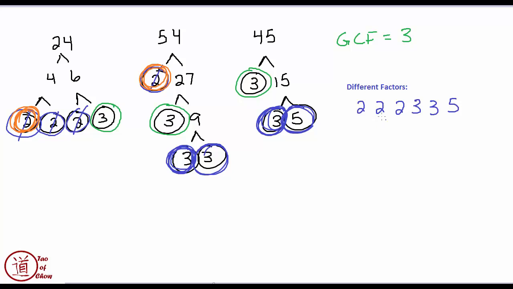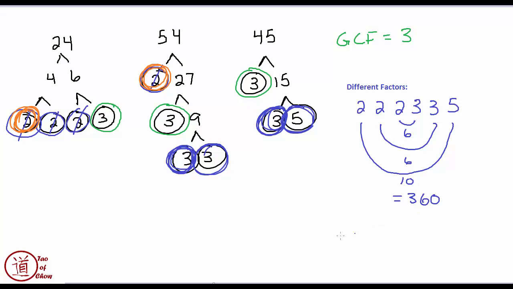So my different factors are 2, 2, 2, 3, 3, 5. When I multiply these together, we get a 6 there, another 6, and a 10. The way I did it is 2 times 3 is 6, 2 times 3 is 6, and 2 times 5 is 10. Then we just multiply these: 6 times 6 is 36, times 10 is 360.